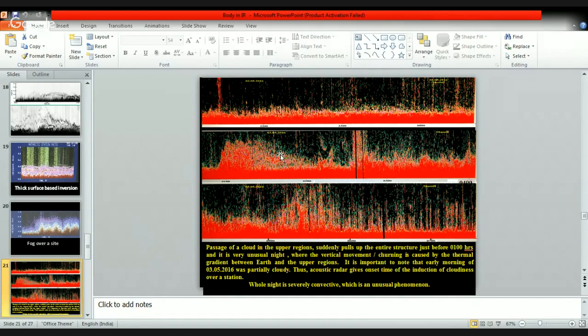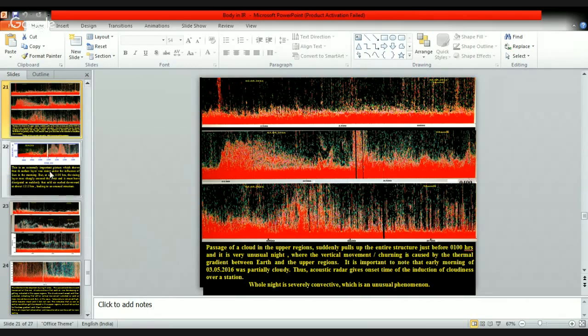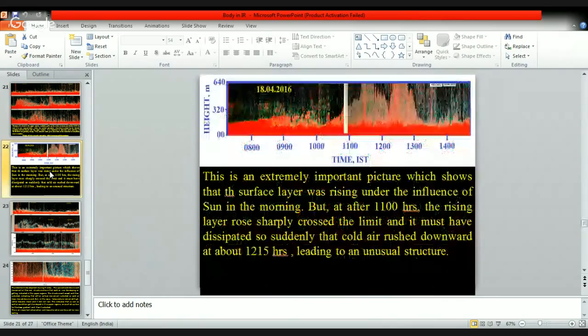I should be in a position to find the reasons what exactly is causing these photographs, and that is the main study as far as these photographs are concerned. It's a very beautiful, wonderful photograph. See what happens in the night time. Nature forms an inversion.